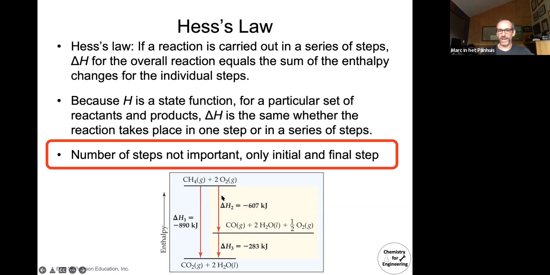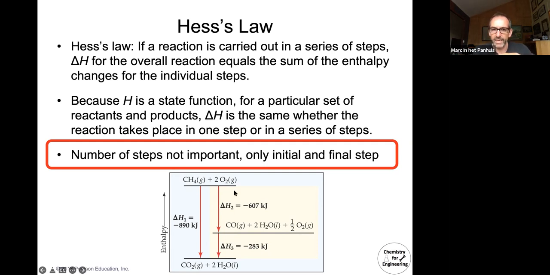So if we have this reaction here on the right-hand side where we have a carbon monoxide step first, the overall enthalpy will be the sum of delta H2, which is that initial step for forming carbon monoxide, and then the end step, which is delta H3, the conversion of carbon monoxide and the remaining oxygen into this carbon dioxide step here.